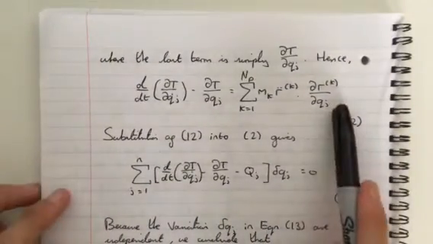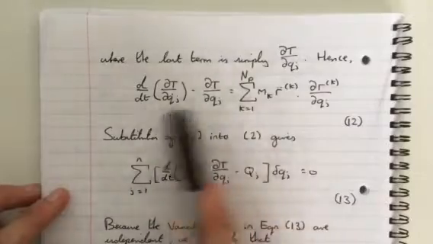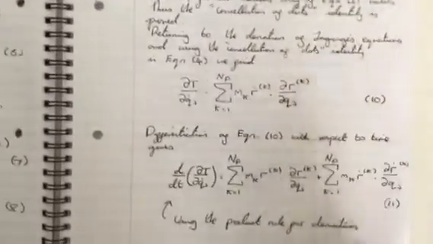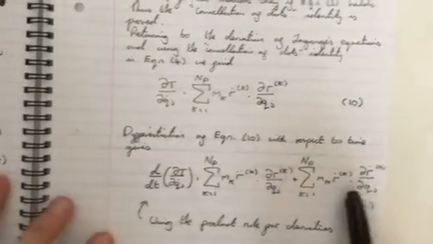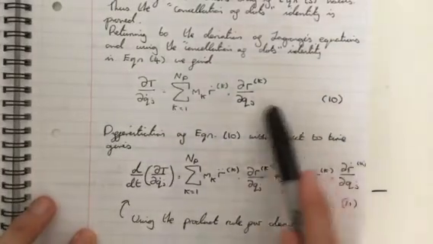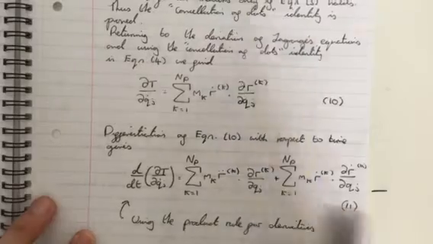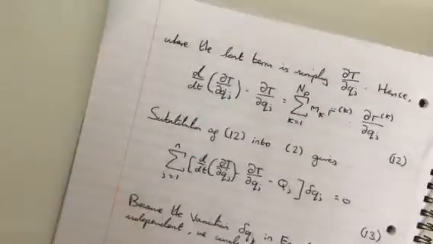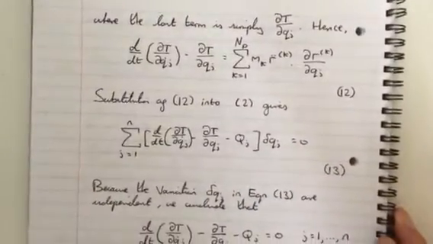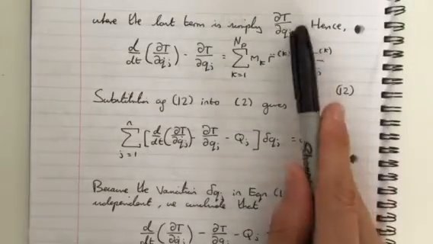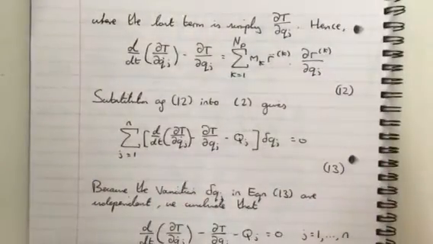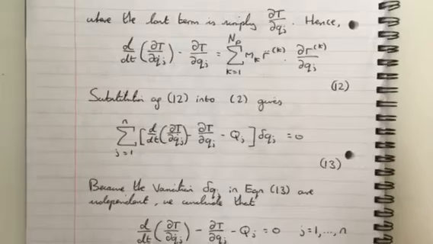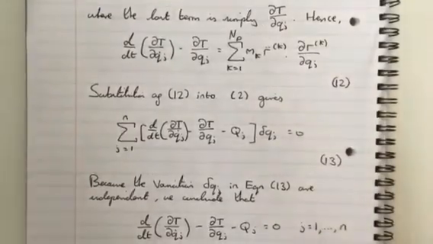Therefore, we can take it and put it onto the end here. So we're left with the first term we had. We take this term and put it onto the other side of the equation, and we're left with this one. We're simplifying things here. You can check that yourself, that dt by dqj is the last term in the other equation. I think it's equation 11.